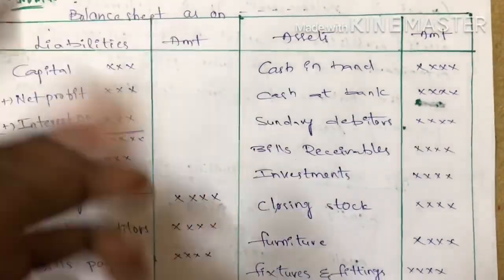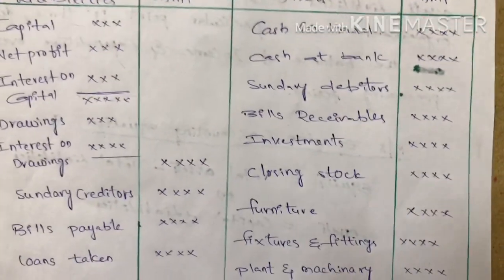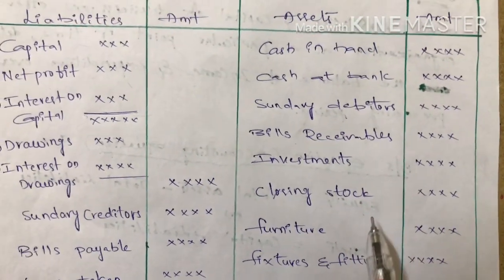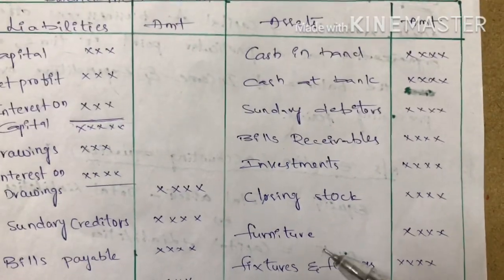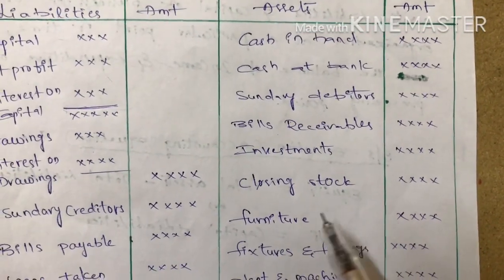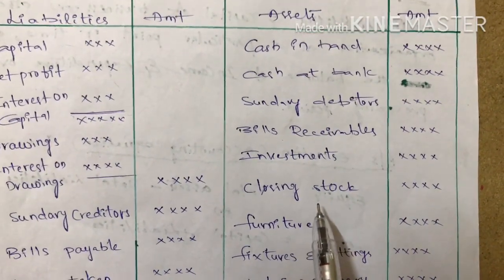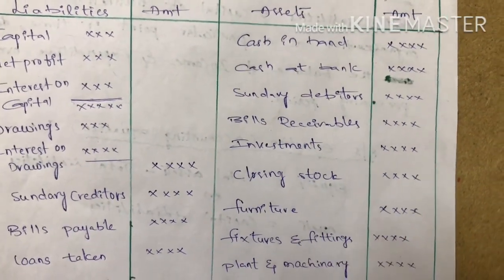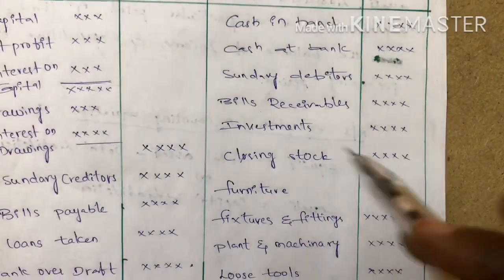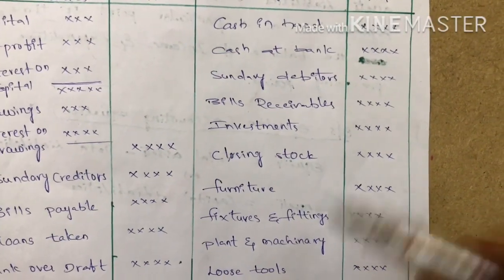Next, bills receivable, some amount will be received. Investment, once you invest some amount, the money will come back. Closing stock is an asset; after closing, you can get some amount.